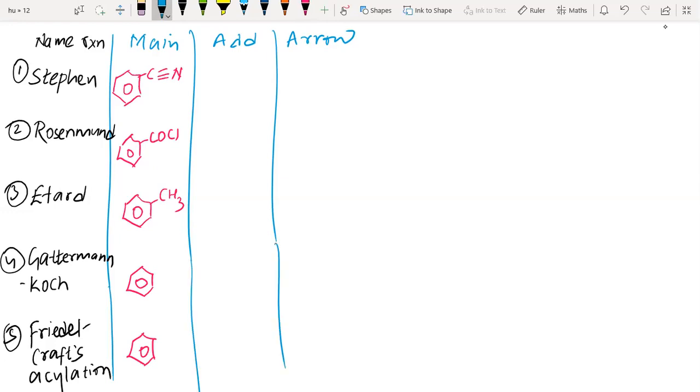Now next, after the main material, what is added? For Stephen, we have 2 hydrogen, which is produced by stannous chloride and HCl. It is a 2-step process. That's one arrow, and one more we'll write here, that is acid hydrolysis.